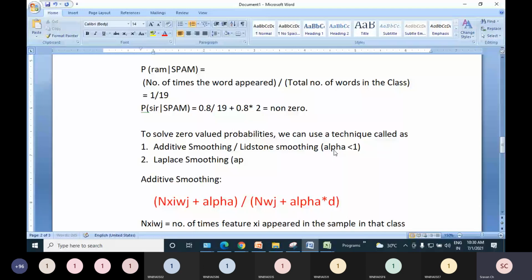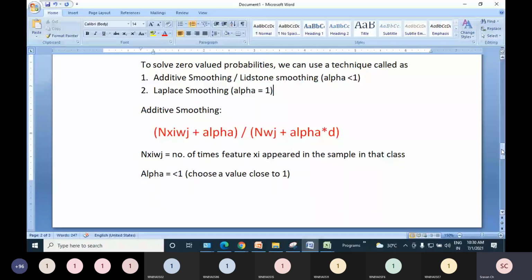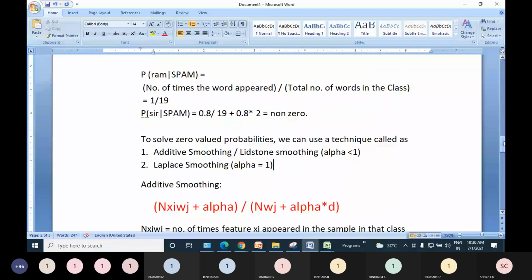That is the only difference. Otherwise the formula is same, right? So friends, either I go for additive smoothing, Lidstone smoothing, or the second technique, Laplace smoothing. Any one of the techniques I can use, and I can handle these kinds of zero probabilities.